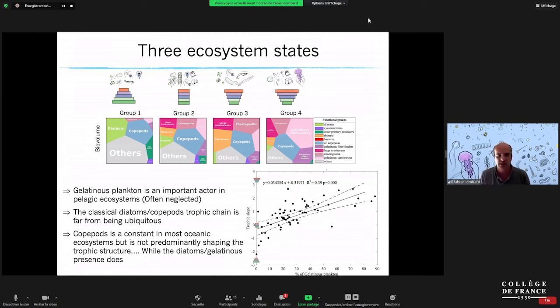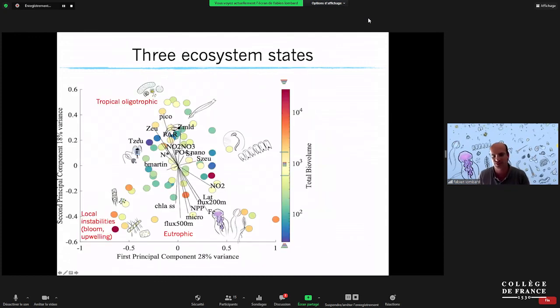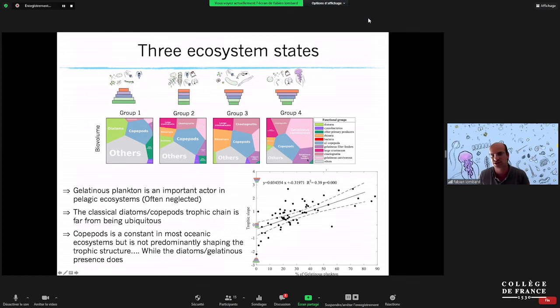So basically, when we draw the trophic slope as a function of the percentage of gelatinous plankton, a clear relationship emerges. We can get the same by drawing the diatoms, because the diatoms show the inverse relationship to gelatinous plankton.